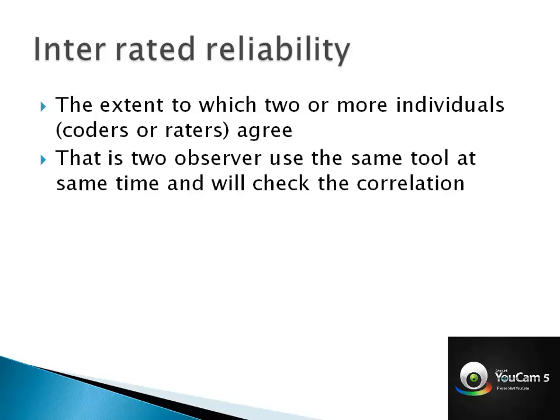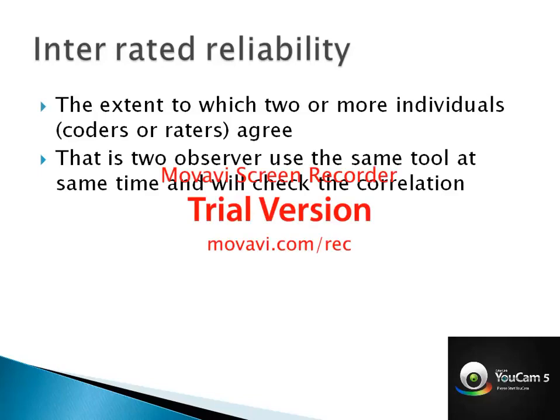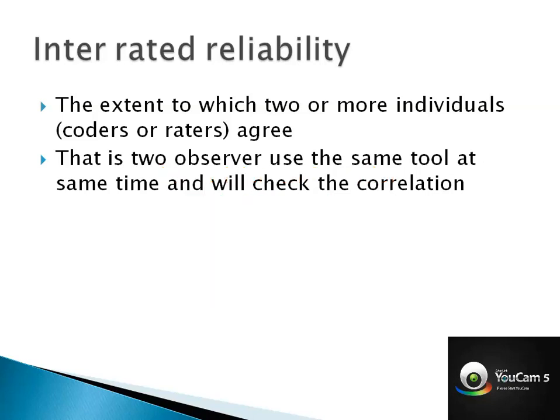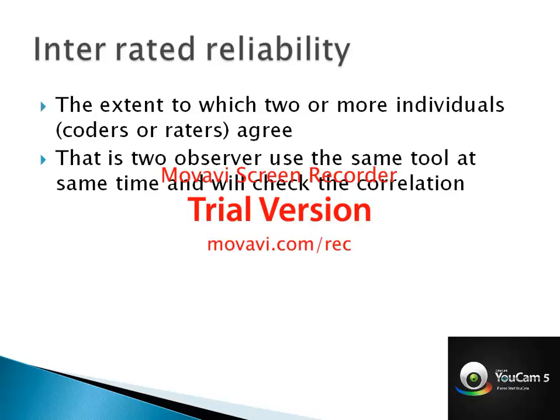So you have to check with 2 observers, use the same tool at the same time, and the correlation should be within the normal range. So same tool, same time, you give it to 2 people and see how the results are. That is one way of checking reliability, called inter-rater reliability.